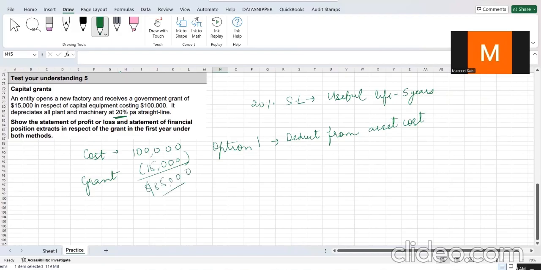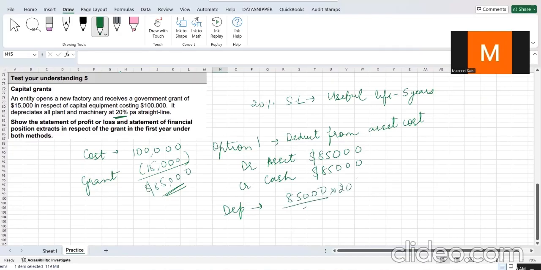So it will be $85,000. So I will debit asset 85,000, and I will credit whatever payment I did for 85,000. And now depreciation I will charge on the net amount. So 85,000 divided by 5 years or 20% will give me around 17,000, right?